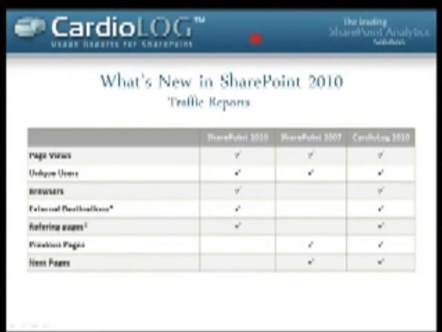The first set of reports is named Traffic Reports and includes the following reports, some of them available already in SharePoint, and the new ones are the Browsers Report, the External Destinations Report, meaning where did users go when they leave the portal, and referring pages, where did users come from when they arrived at the portal. All of these reports are available with CardioLog 2010.